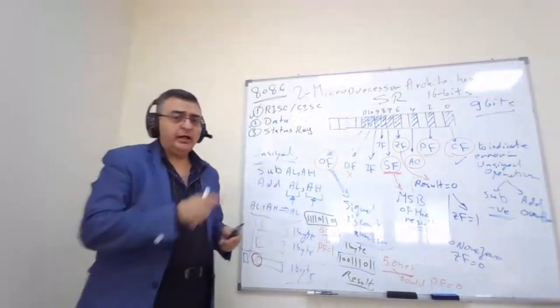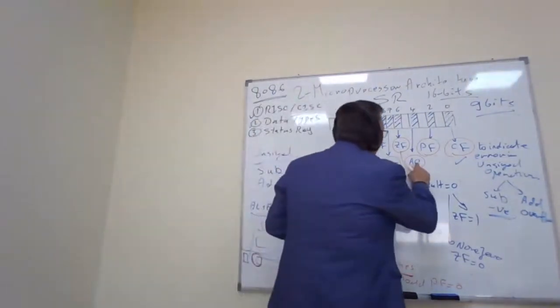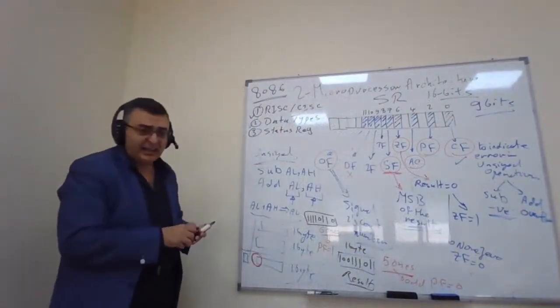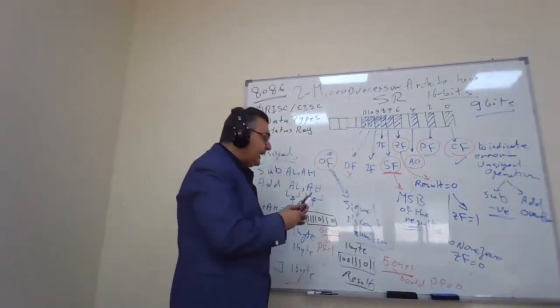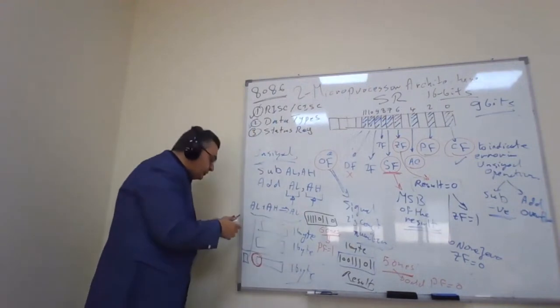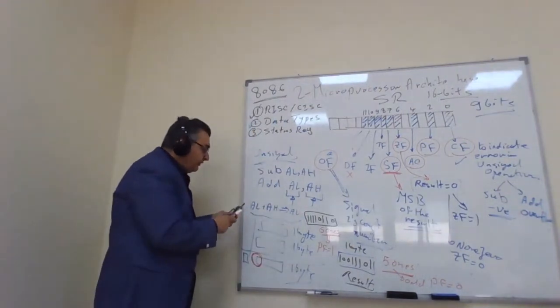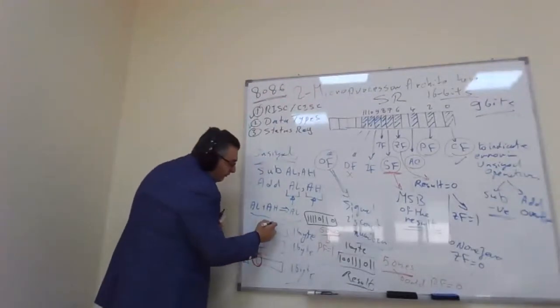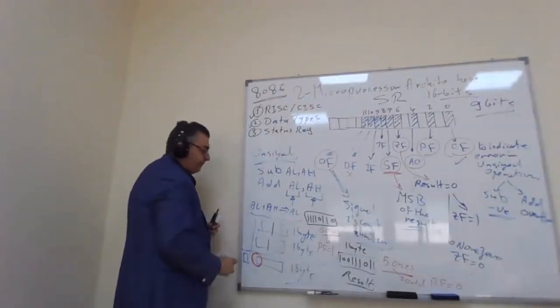Agree? The last flag is the auxiliary flag. What is the auxiliary flag? It is actually the carry out for the first two nibbles of a byte operation.